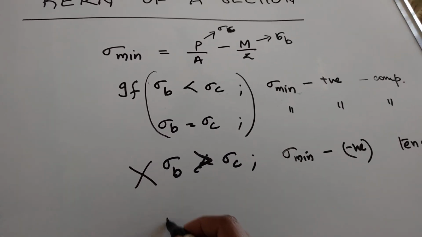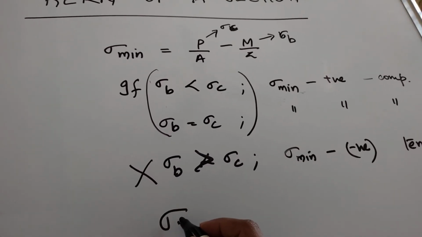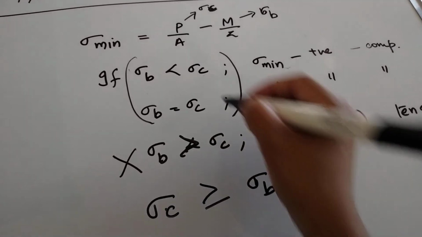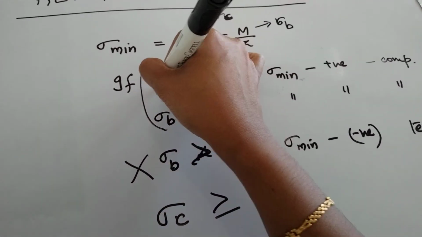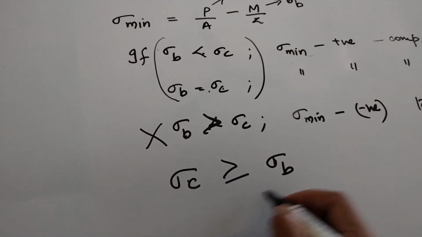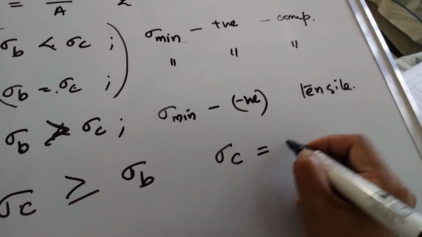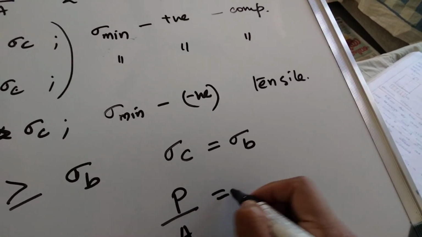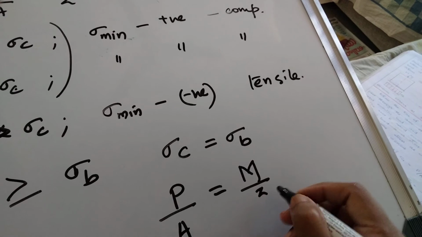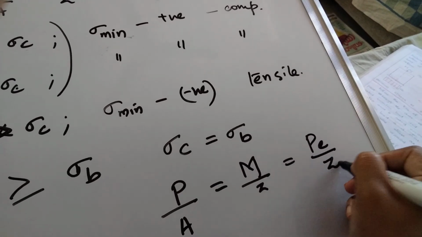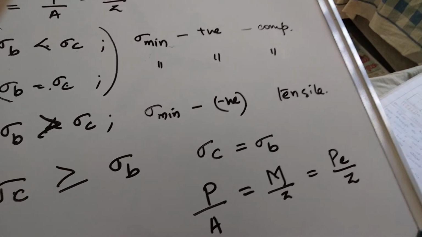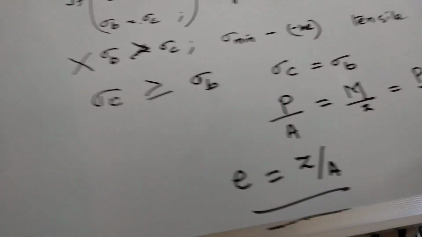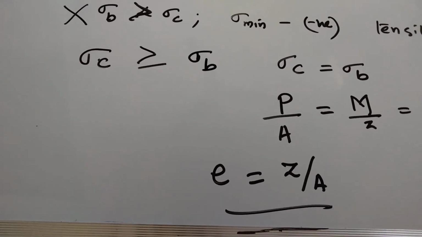That means the condition is that sigma C must be greater than or equal to sigma B. So the limiting condition is that sigma C is equal to sigma B. That means P by A is equal to M by Z, or equal to PE by Z. When you cancel P and P, we get E is equal to Z by A. So this is the condition, E is equal to Z by A.